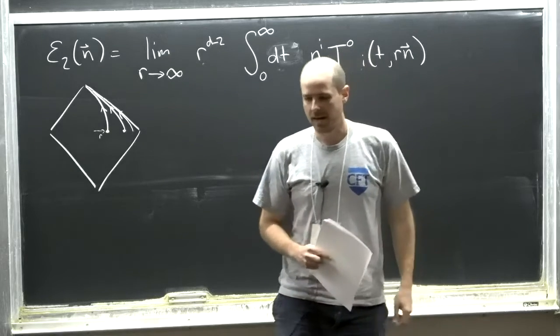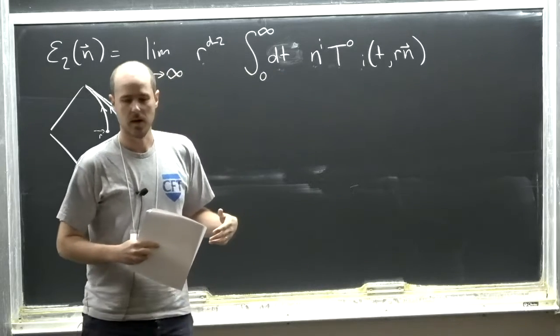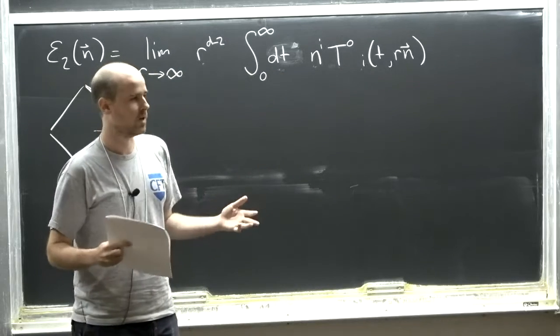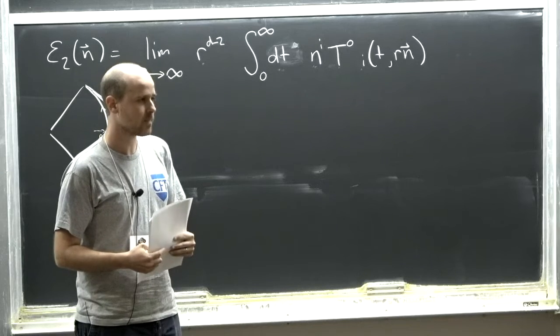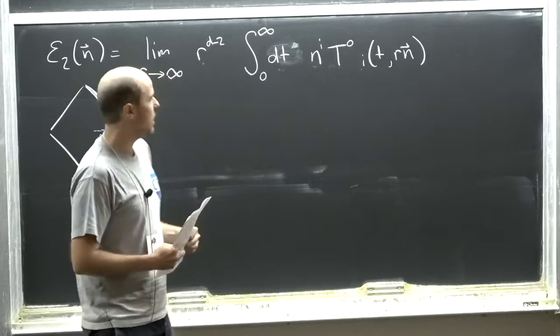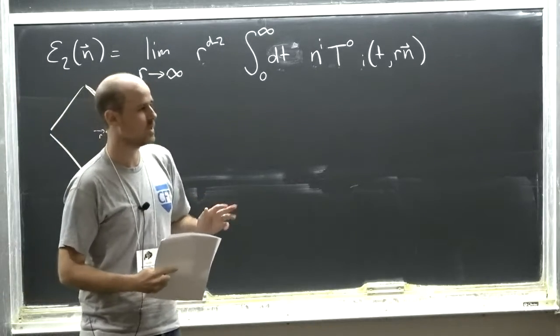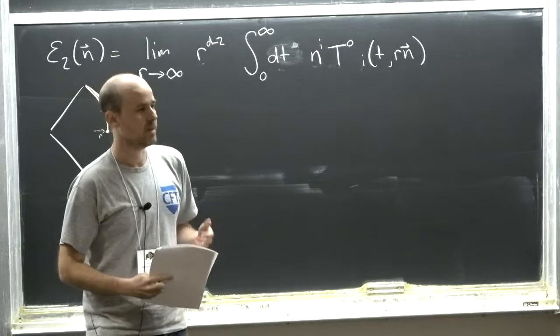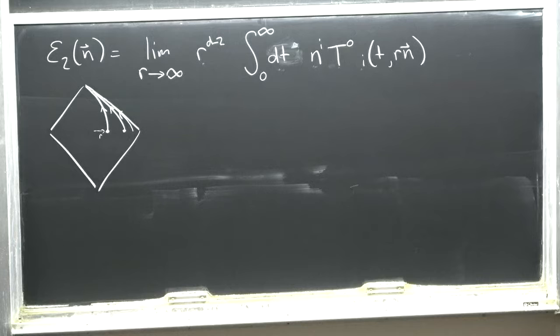And by constructing operators like this, you can ask questions like, what will a collider measure? What does a collider experiment look like in quantum field theory? I want to hold off on fully answering your question until just a little bit later. Okay, but that's a great question. Like, what is the point of these particular operators? And so hold on to that question and remind me about it in a little bit.